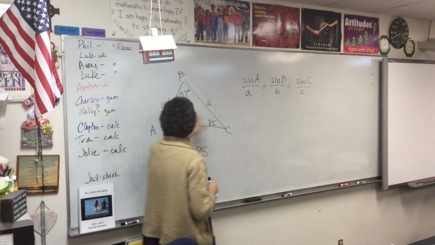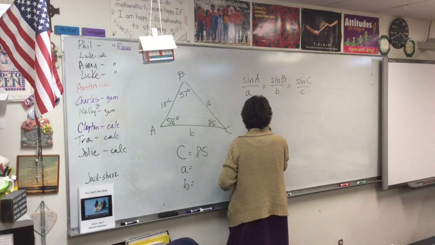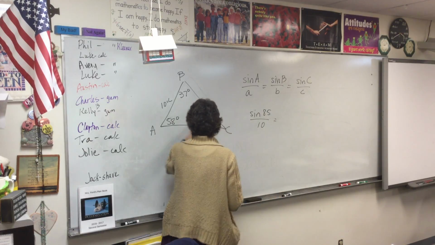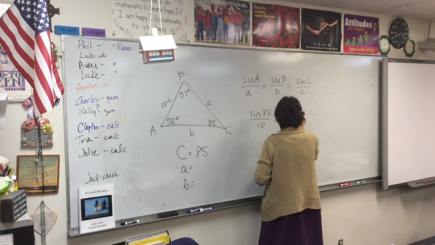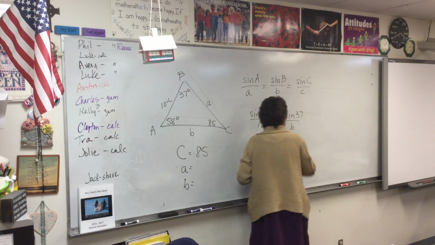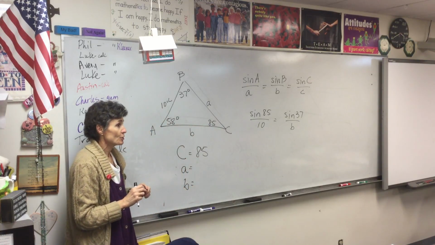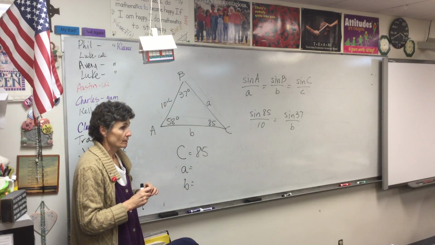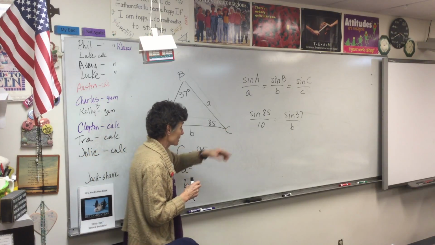So we want to start with right here, sine 85 over 10 equals, I don't know, sine 37 over B. It doesn't matter whether you find B or A first. You just have to pick one of them. Okay? How do I solve something that looks like that?